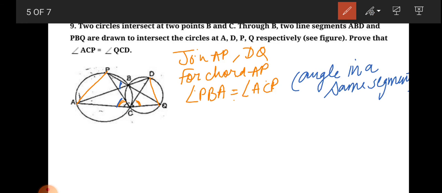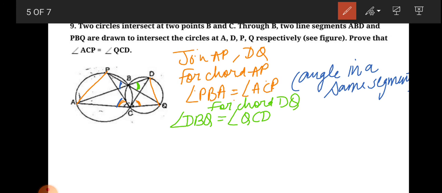And angle DBQ is equal to angle QCD for chord DQ.